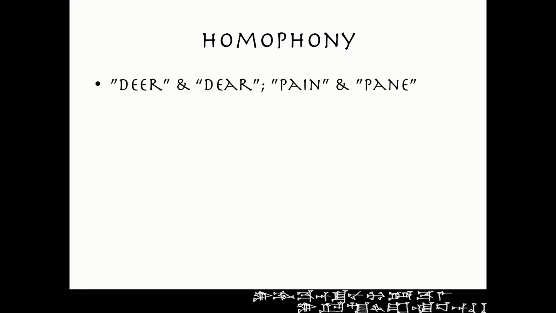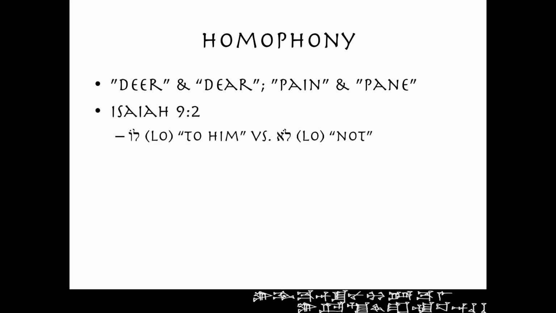Homophony. Similar sound. In English we say dear and deer. They sound the same, but they're spelled differently. Pain and pane. The same sort of mistakes can be made. Many of these texts were copied from dictation. If you're listening to someone speak and you write something down, you can make mistakes.